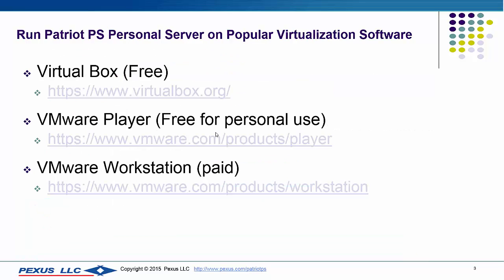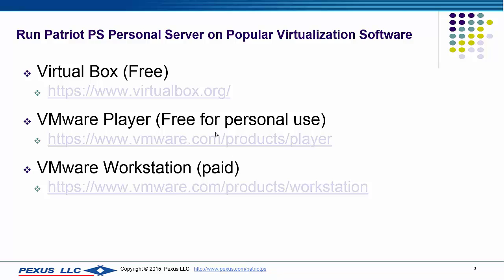You can import Patriot PS personal server virtualization image into these popular virtualization software. The image uses OVA, that is Open Virtualization Appliance 1.0 format, that is supported by all 3 software shown here. VirtualBox is from Oracle and is available for free.